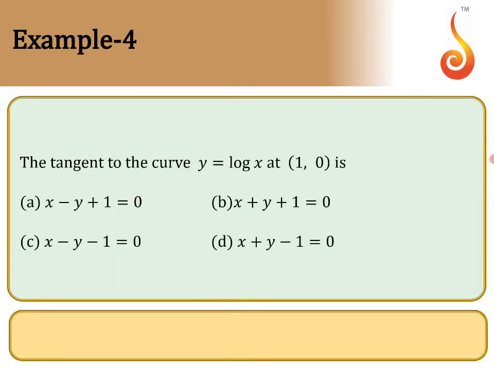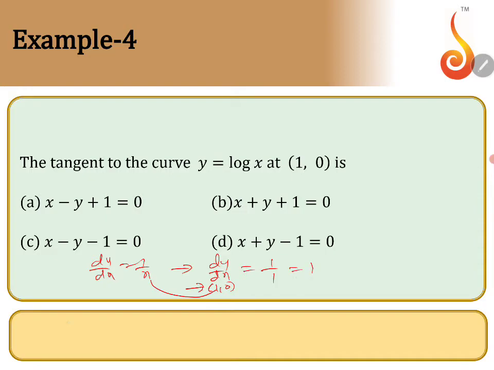Next, the tangent to the curve. What is the equation of the tangent? y minus y1 equals dy by dx into x minus x1. First of all, what is given? y equals log x, and dy by dx becomes 1 by x. Now the slope of the tangent, dy by dx at the indicated point 1 comma 0, is 1 by 1, x is 1, so it is 1.